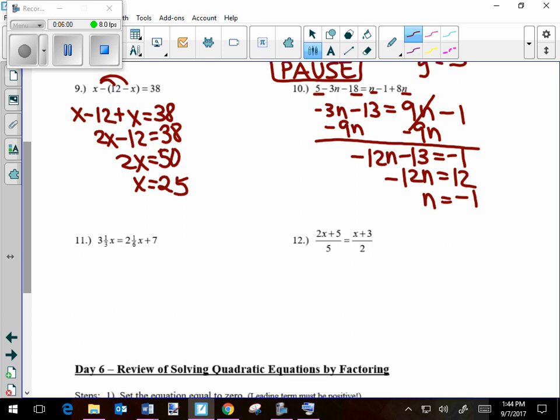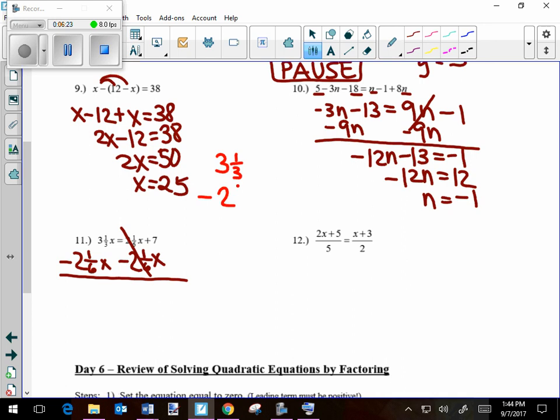For question 11, there's a couple different ways to do this one. If you are getting x's on one side, that means you're subtracting 2 1/6 x from both sides. If that's what you're doing, you might need to go on the side and write down exactly what fractions you're subtracting. This is why earlier in this unit we did the subtraction.